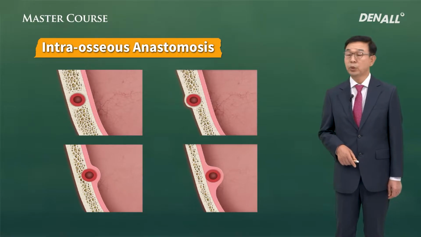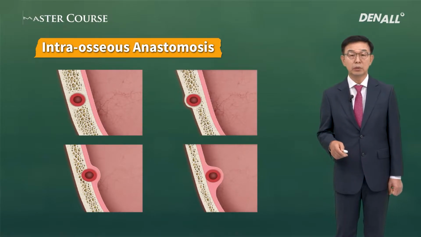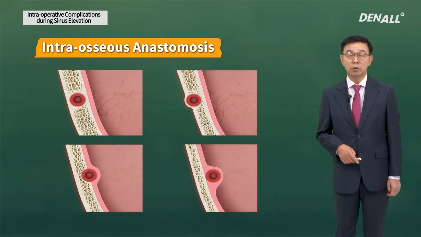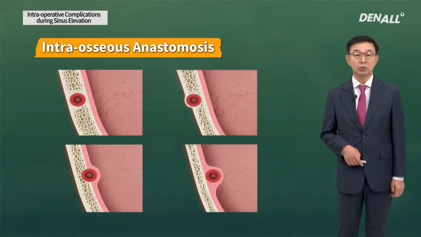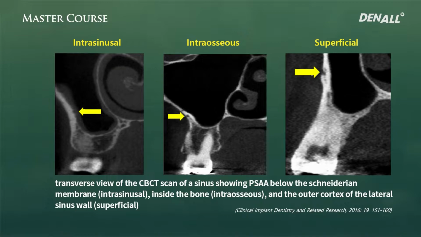In other words, it can be within the exterior wall or it can be within the sinus. Rarely, it can be exterior to the bone. If you look at the literature, the artery can be within the bone or towards the sinus, or very rarely it can be on the outside of the bone, superficial.